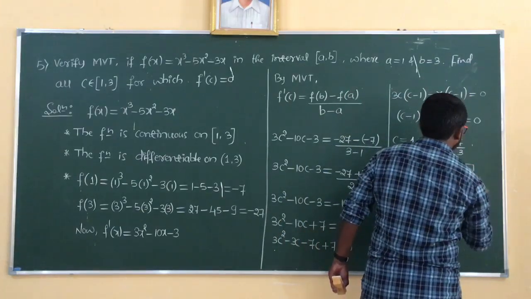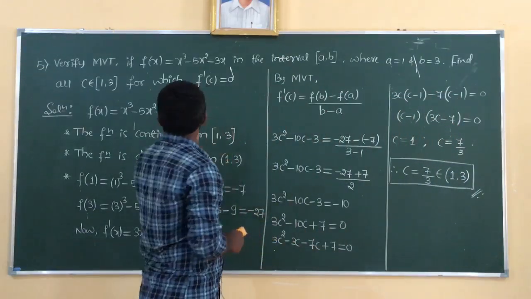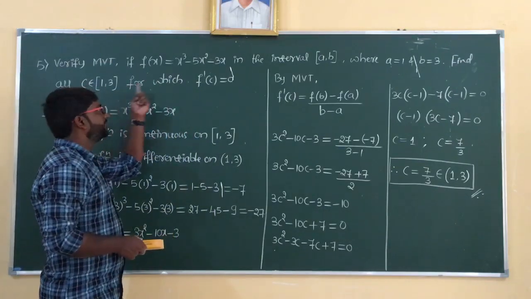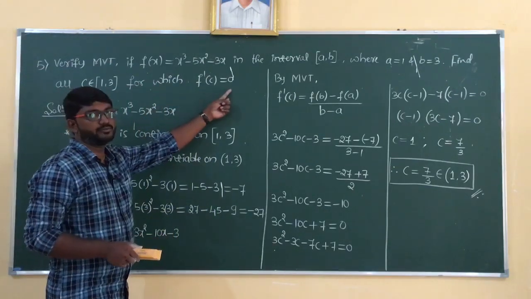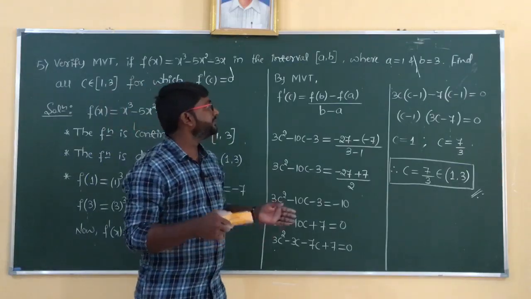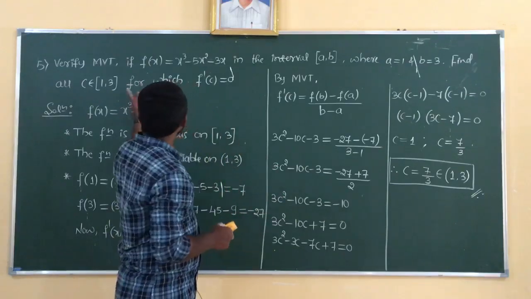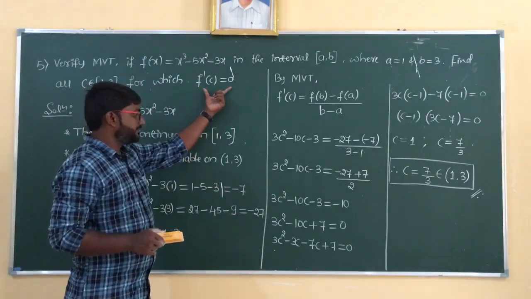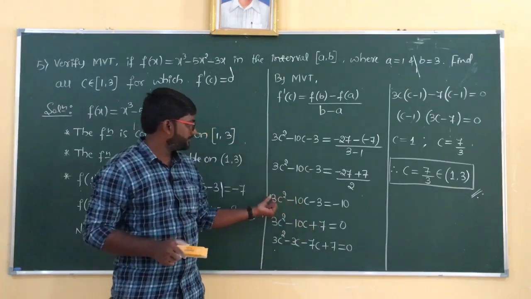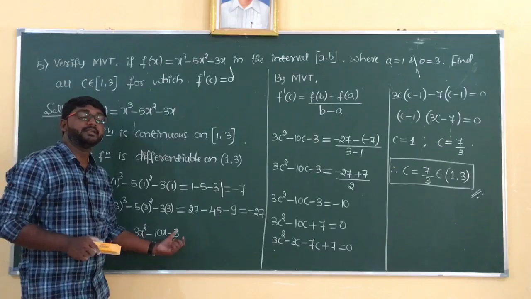We have one more part in this question, that is, find all c belonging to the closed interval 1 comma 3 for which f dash of c is equal to 0. You will have to take that as an assignment. In order to solve this, equate f dash of c, which is 3c square minus 10c minus 3, with 0.